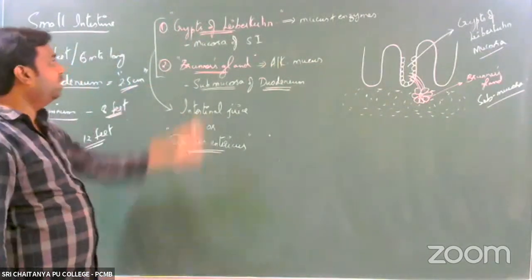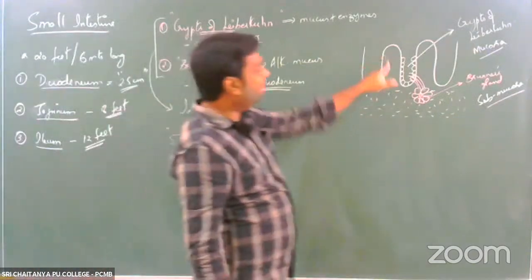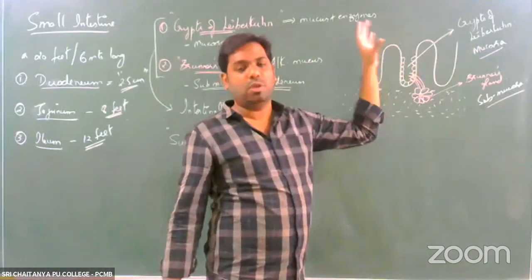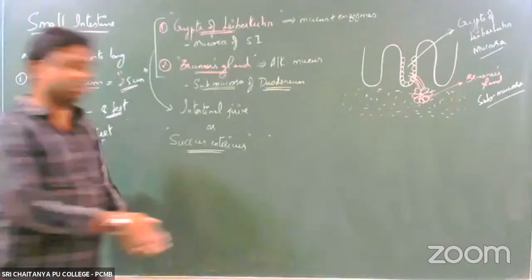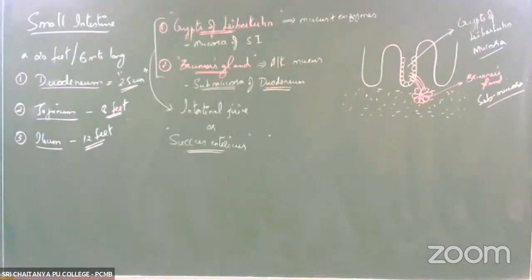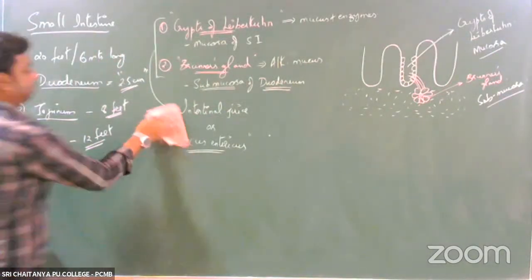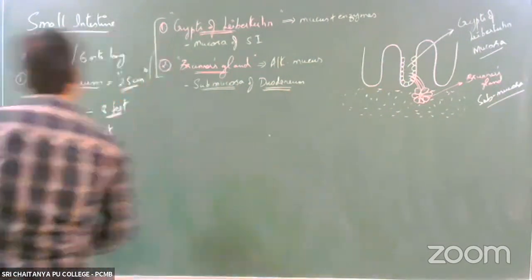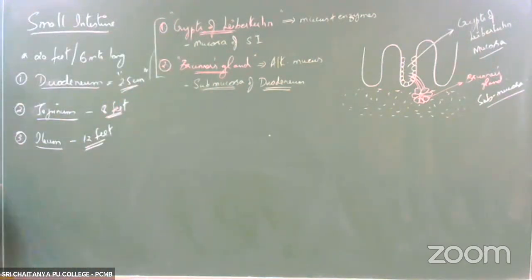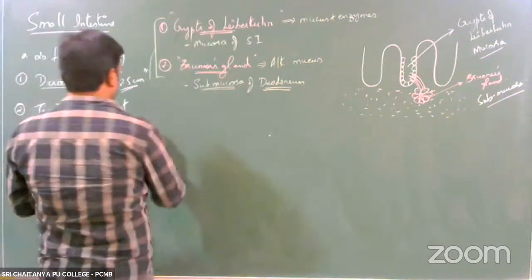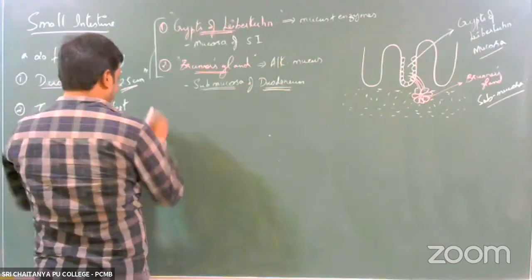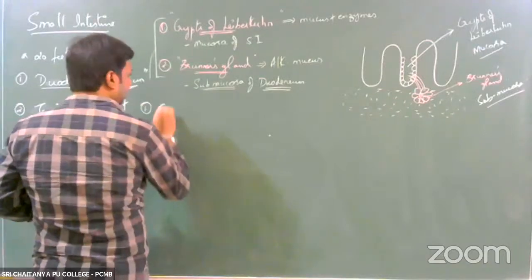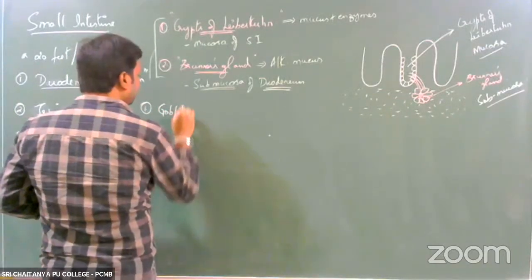Now, as I've already said, crypts of Lieberkühn has different types of cells. So let us quickly see what those different types of cells are and what they actually do. Cell number 1 is called the goblet cells.